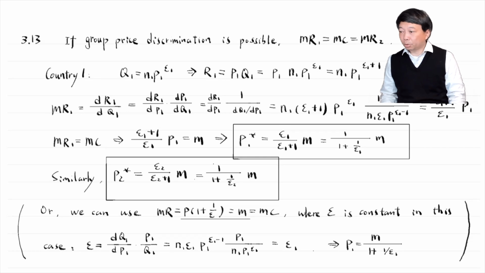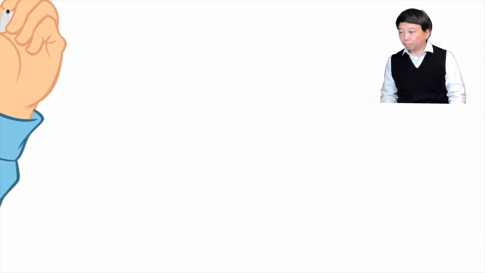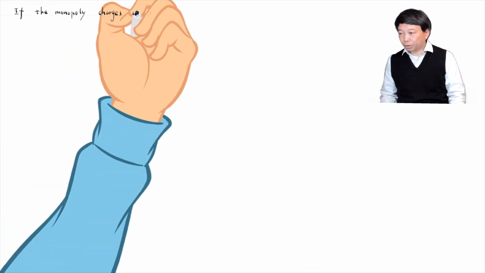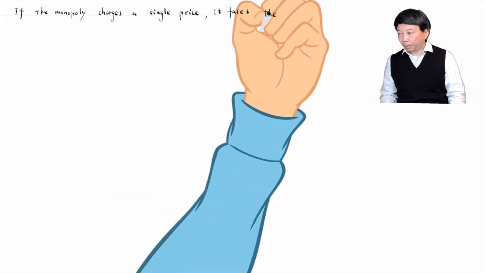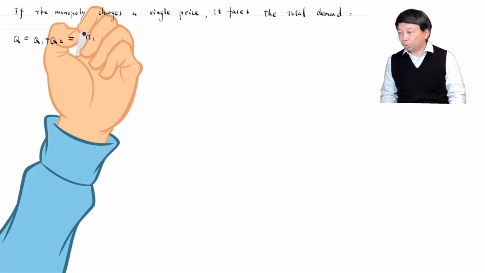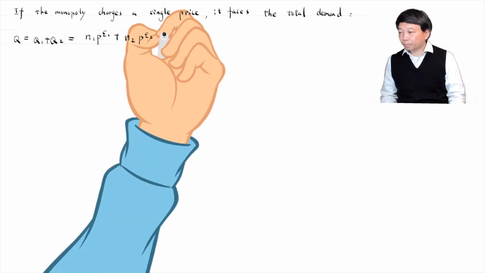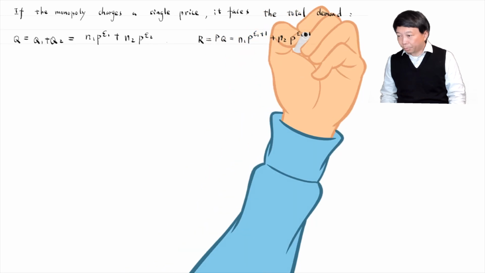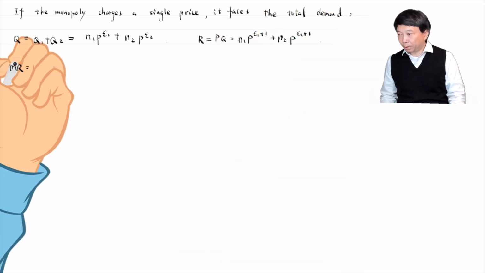If group price discrimination is impossible, and the monopoly charges a single price, it faces the total demand Q, which is the horizontal sum of the two individual demands. We can follow the same steps by writing the revenue function and the marginal revenue function.